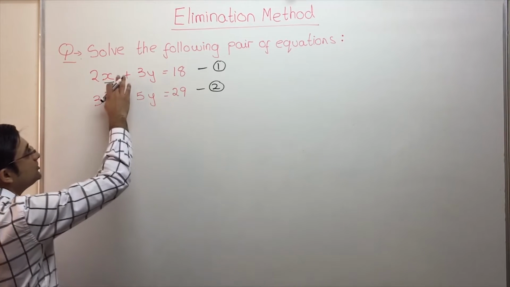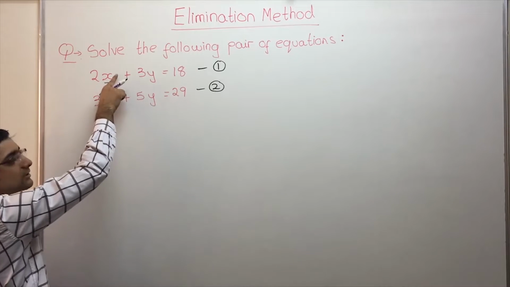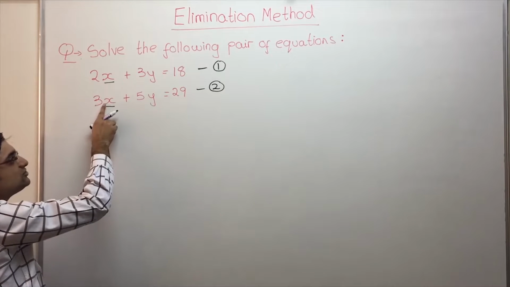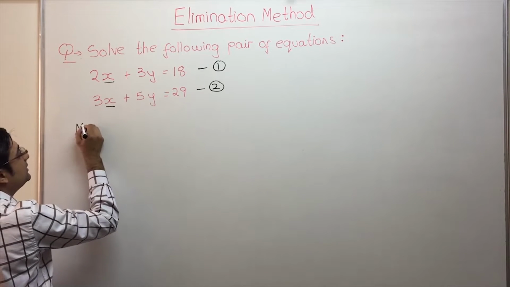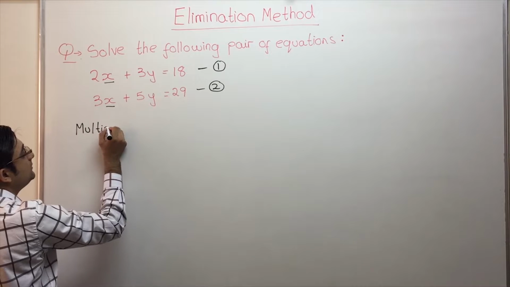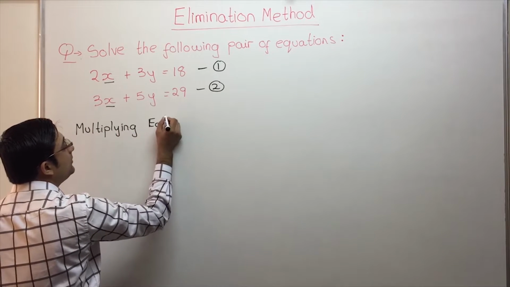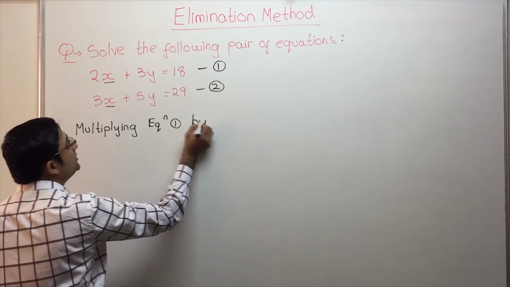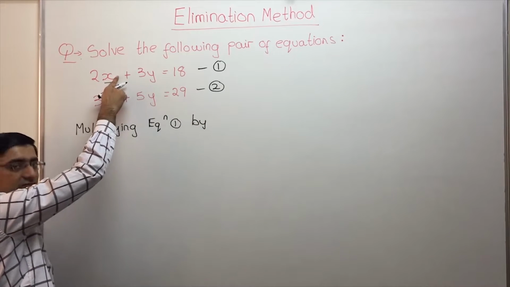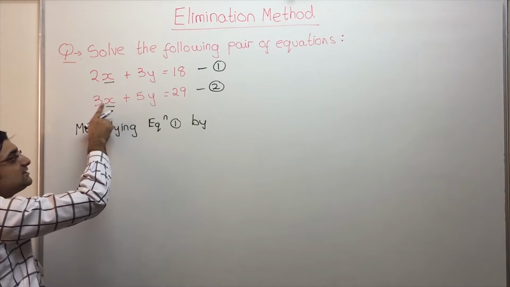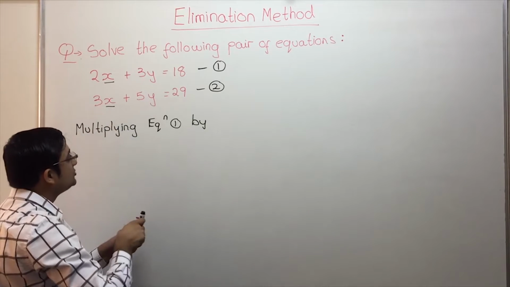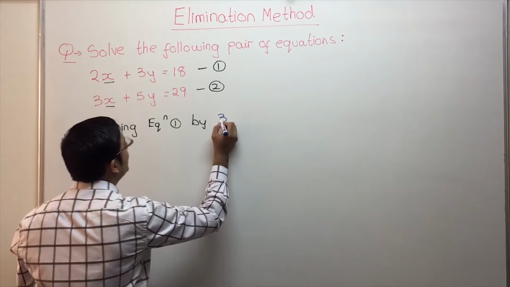See what happens. First I'm going to multiply equation 1 by the coefficient of x in equation 2. So write down over here, multiplying equation number 1 by, since we're eliminating x, the coefficient of x in the second equation, that is 3. So multiplying equation number 1 by 3.